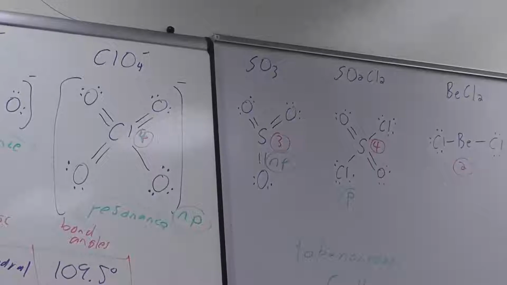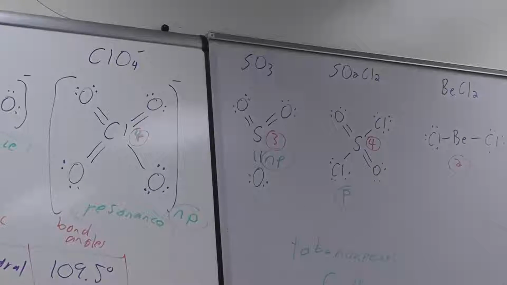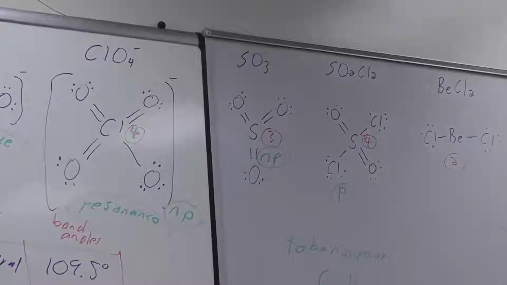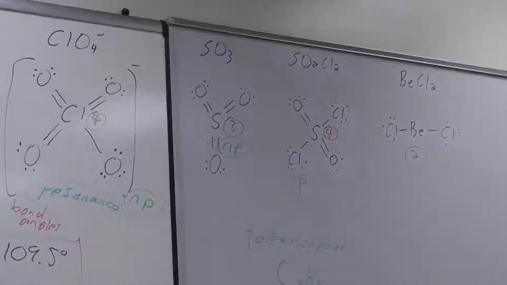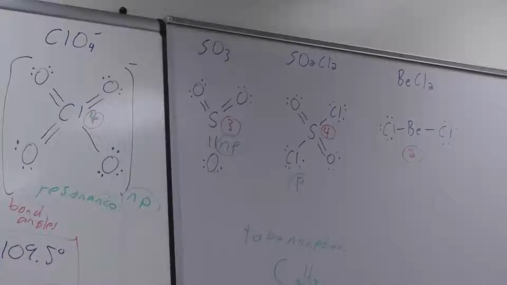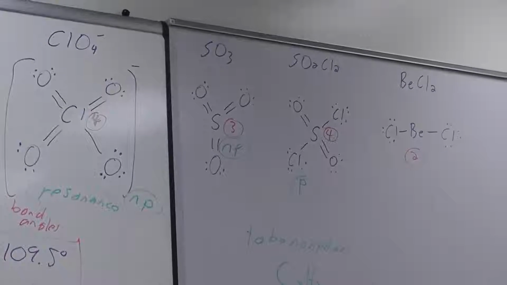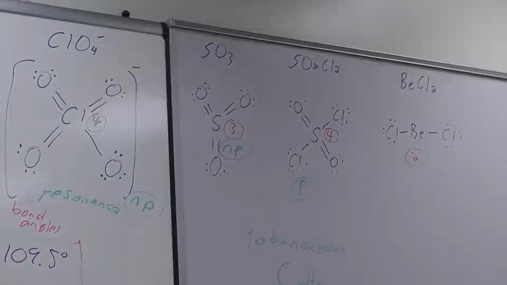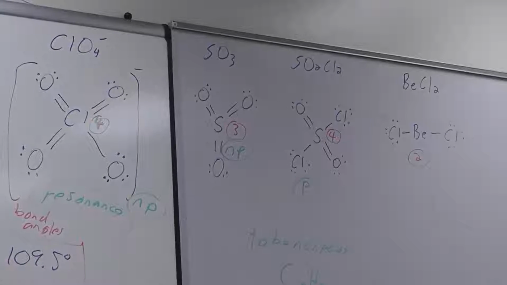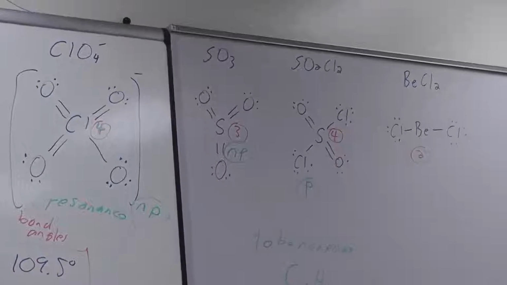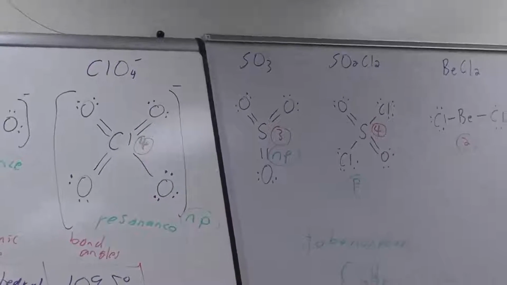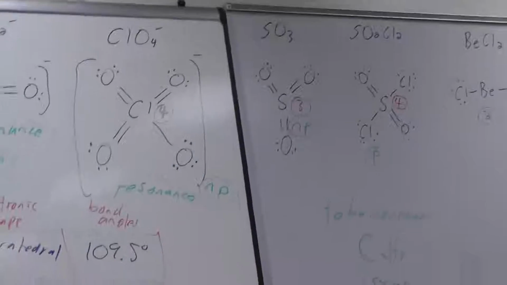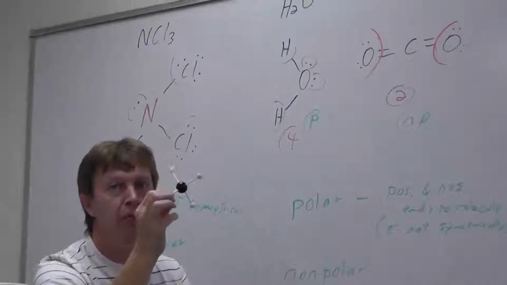And so even though what's on the board is a perfectly valid Lewis structure for SO2Cl2, it does not imply that these oxygens are in offsetting positions or that the chlorines are in offsetting positions. Tetrahedral has no offsetting positions. That's a two-dimensional drawing of a three-dimensional structure. And that's where it comes in handy for you to be able to visualize this and know that in that tetrahedral framework, there's no opposing positions.